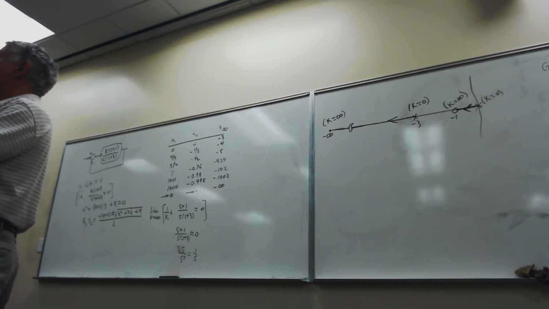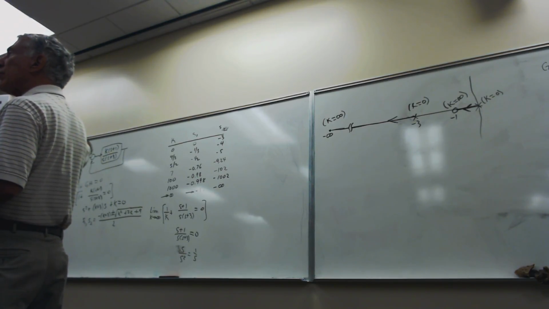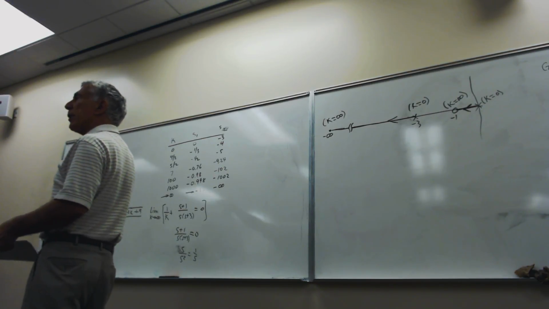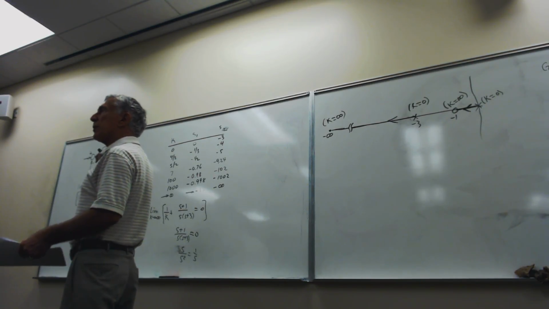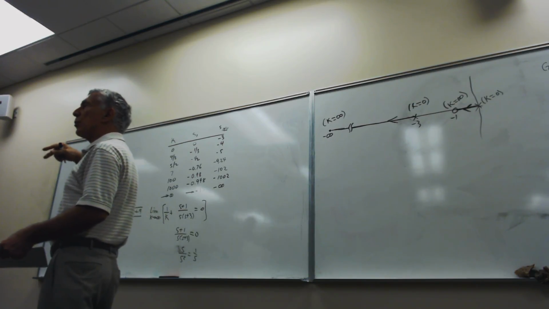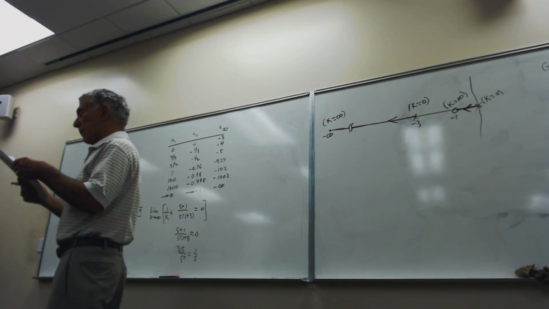So we're not continuously involved with explicitly finding roots of the characteristic equation. We'll be able to use some graphical root locus construction rules to draw the root locus.